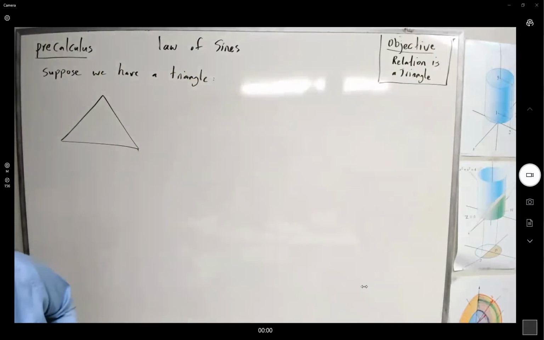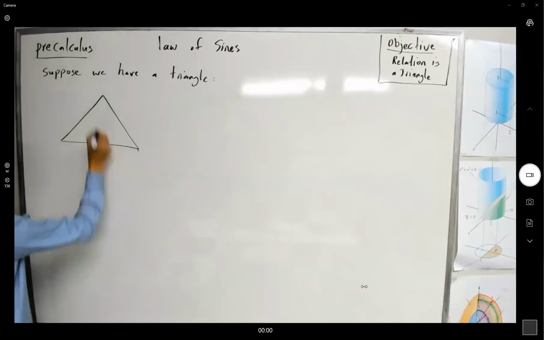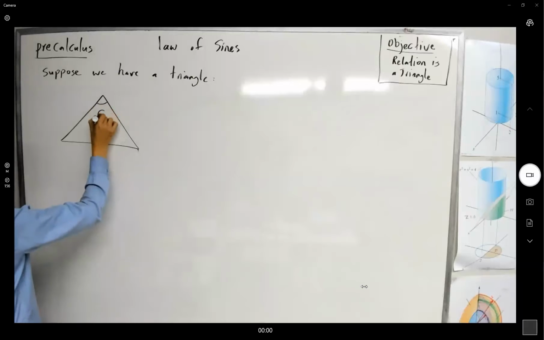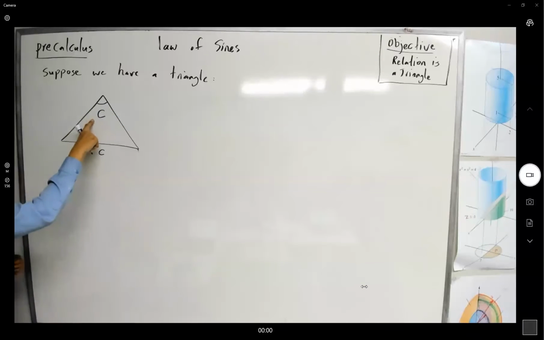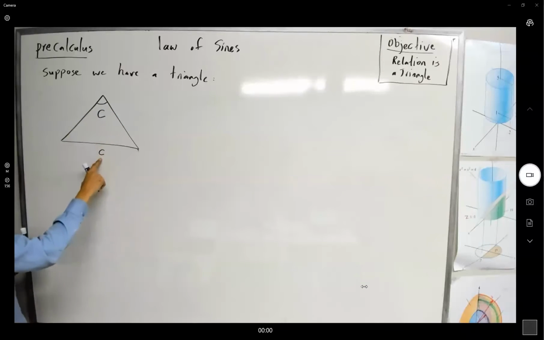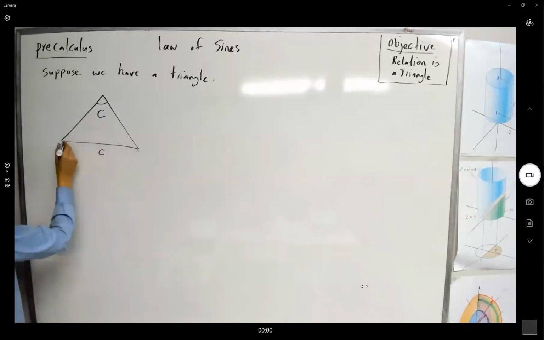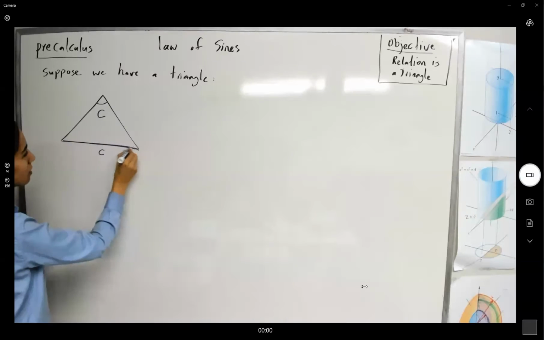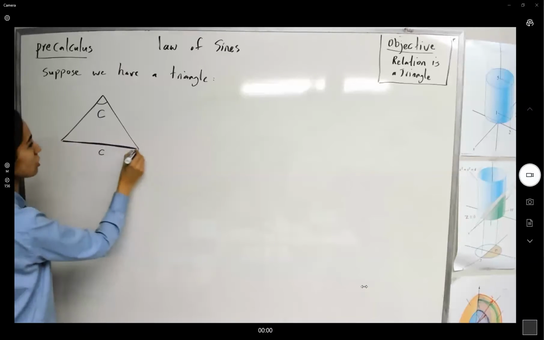Well, suppose we label it this way. We say that we have side C related to angle C. So capital letter C and small letter c. Here you have side C. Let me use a different color for this. There's a measurement for side C.